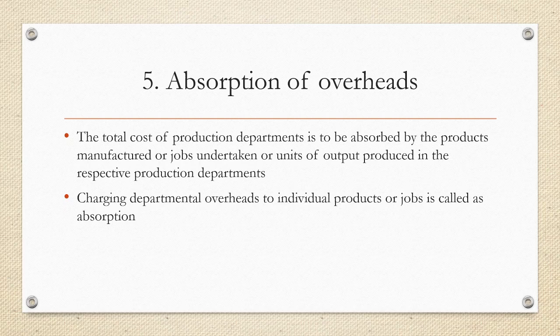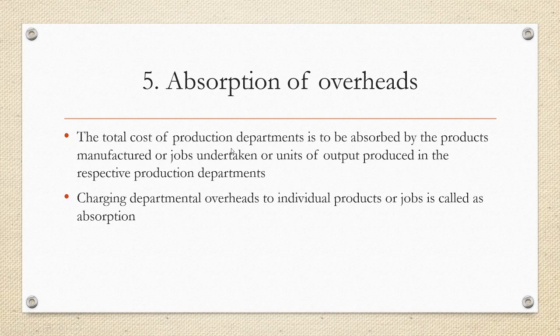Now only the production departments have the overheads, and these overheads will be absorbed by the products manufactured, the jobs undertaken, or the number of units produced. So we have to find out the per unit cost of output. This is known as absorption. Absorption is charging the departmental overheads to individual products or jobs. The total cost of the production department is absorbed by all the products manufactured, jobs undertaken, or units of output produced.